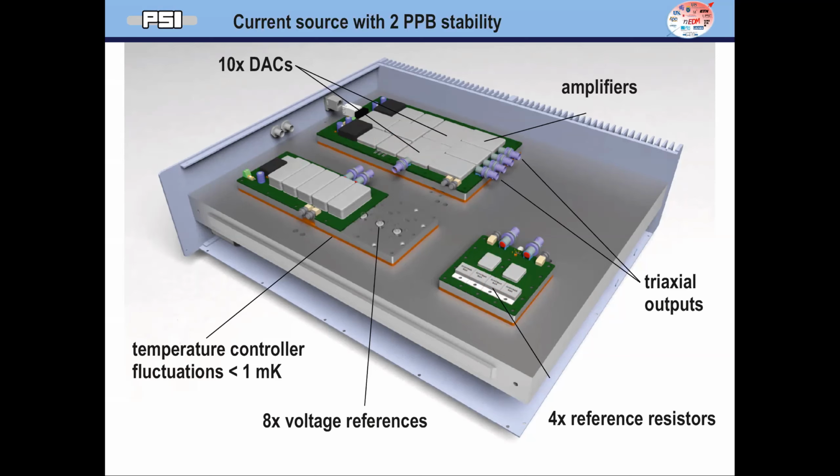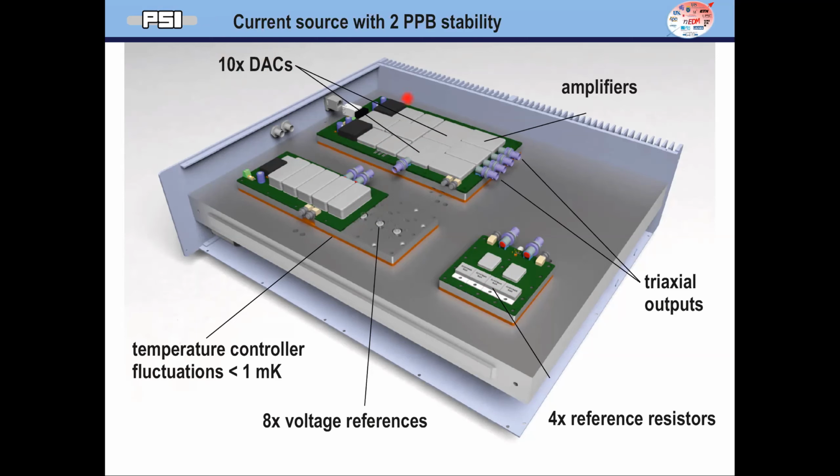And one special thing about this whole setup is that we can continuously change the current. And so we need DACs to divide down the reference voltage to the value that we want. Those are actually the DACs that I showed you in the lecture, and we have 10 of them. Also, again, to average over multiple components and reduce noise and improve stability.